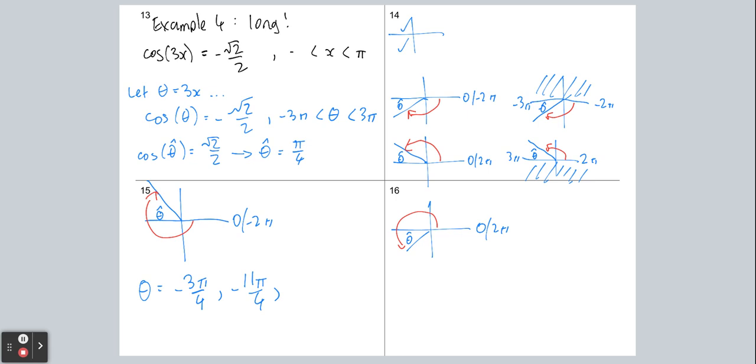Next one, there's a negative over here as well that I did out of order. So this one here is between 0 and negative 2 pi. So I've gone to negative pi. Then I've gone another negative pi on 4. So I've got negative 4 pi on 4 minus another pi on 4 is negative 5 pi on 4.